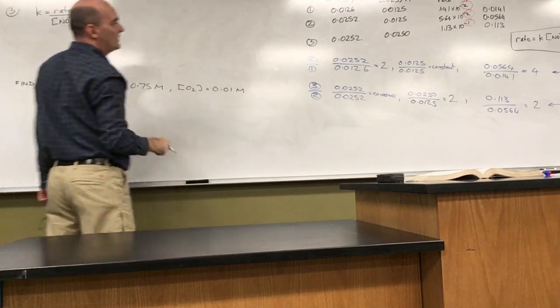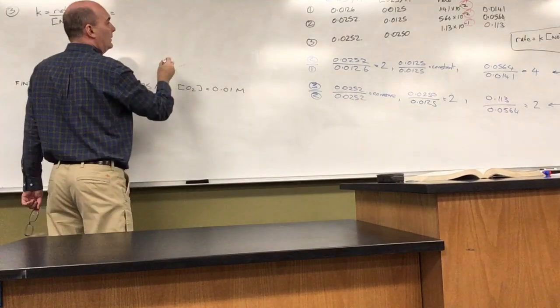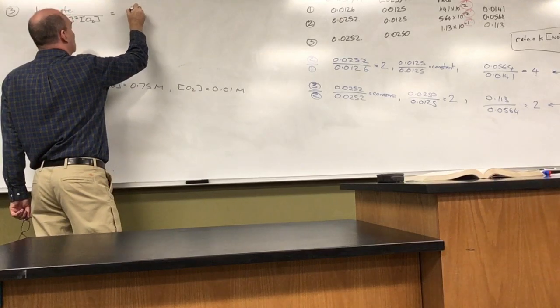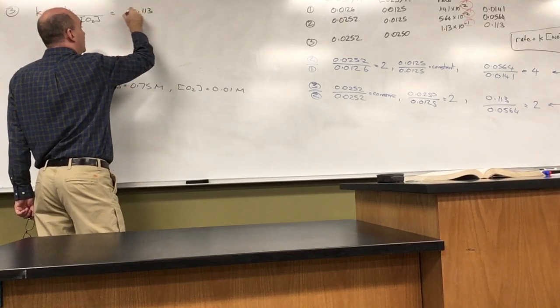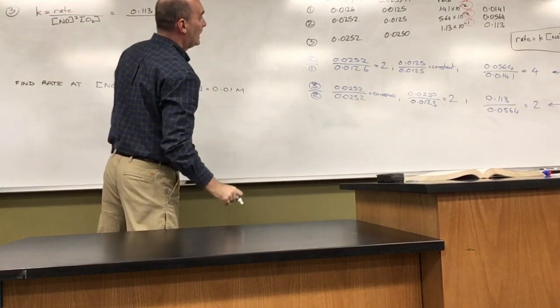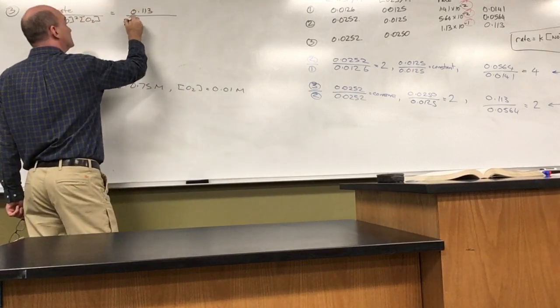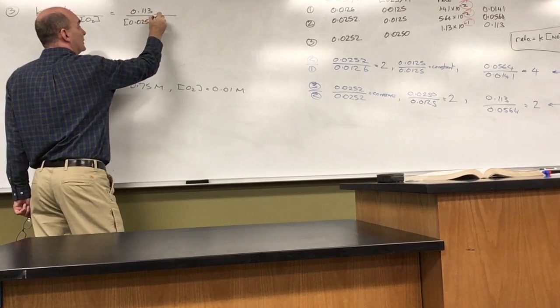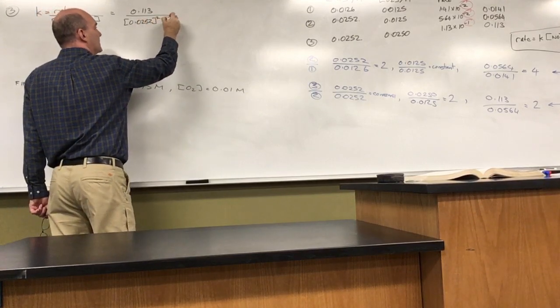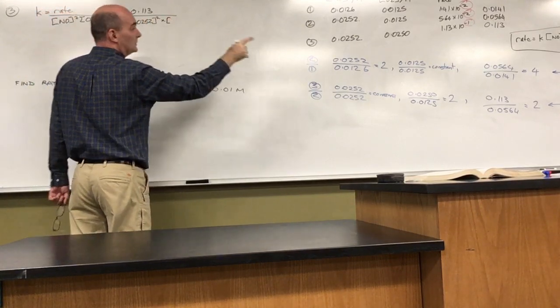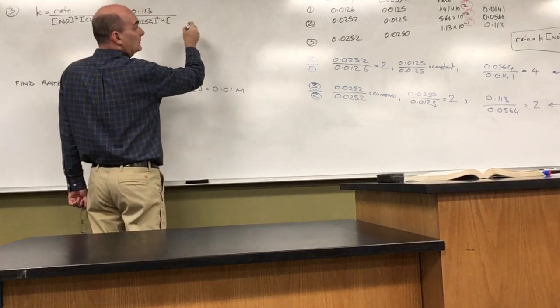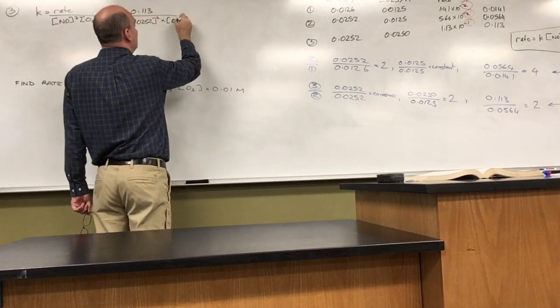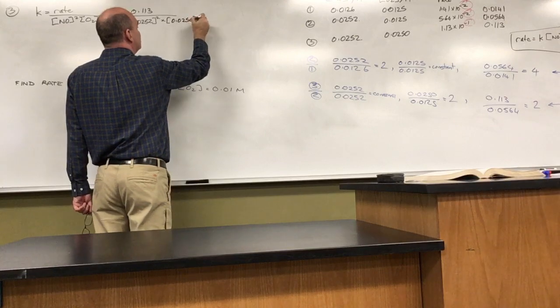Okay, so on line 3, the rate was 0.113, and NO was 0.252 squared times 0.025.